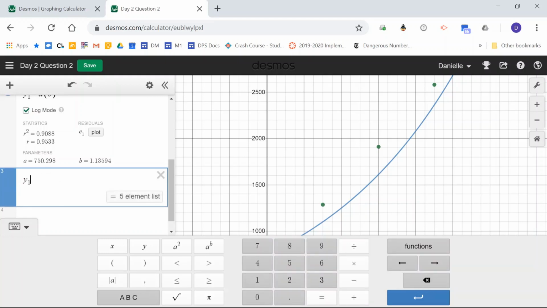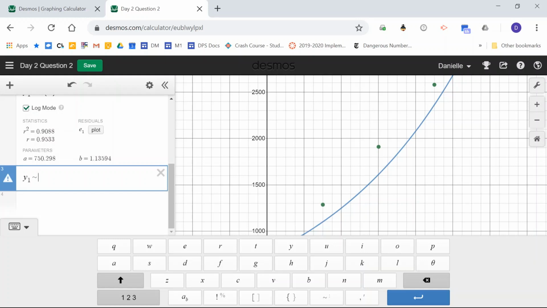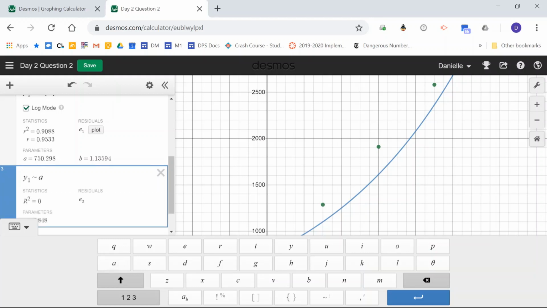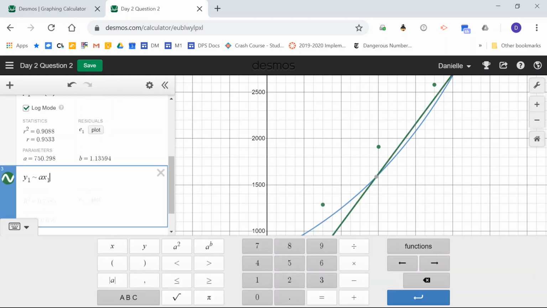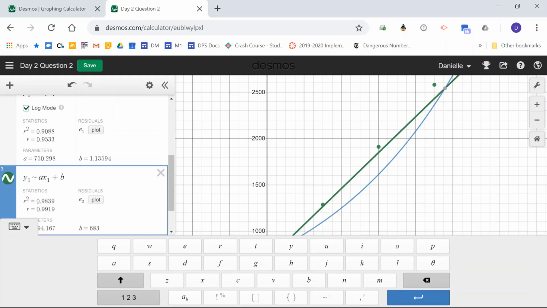All right, y1, tilde. For linear, it's ax plus b. So we'll do a and then x1 and then plus b. And it gives us the linear equation.